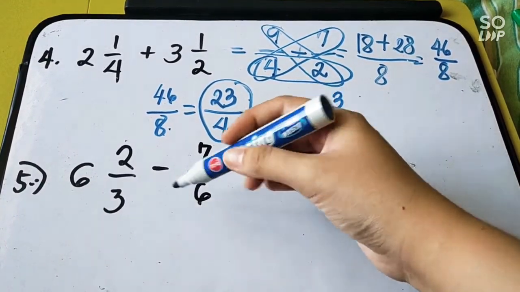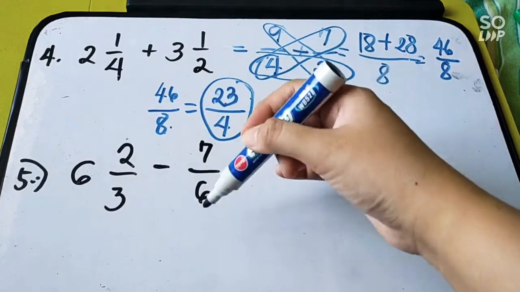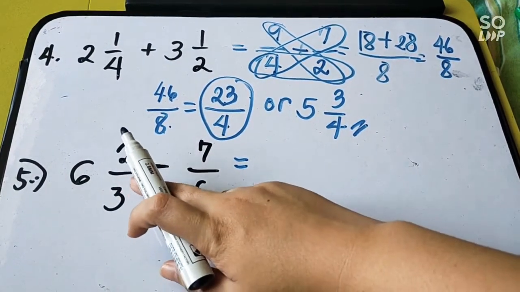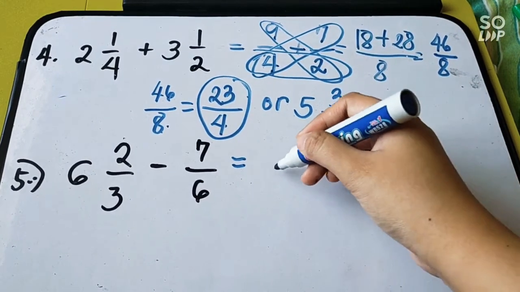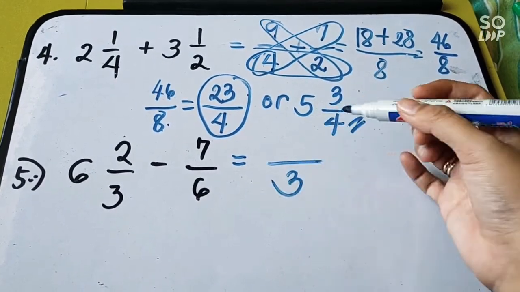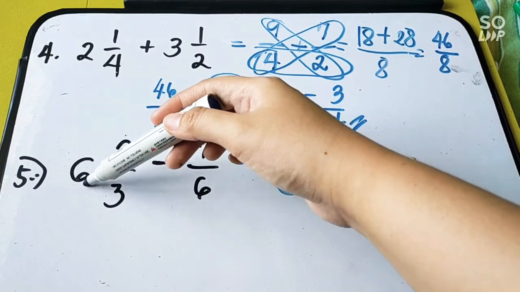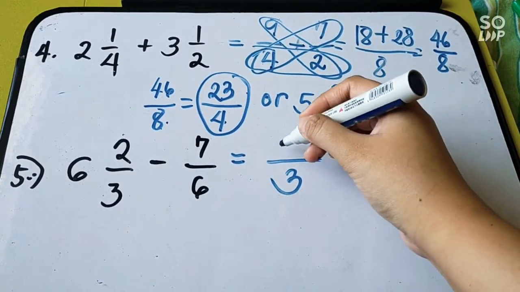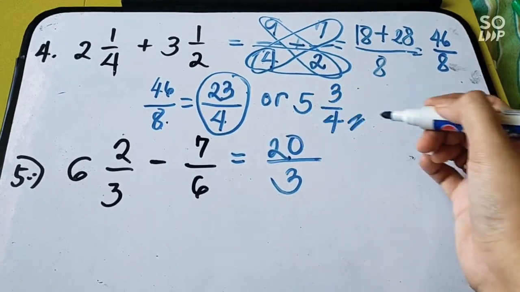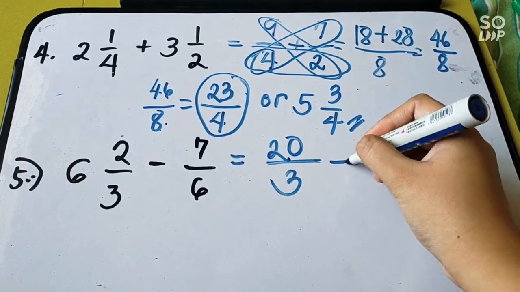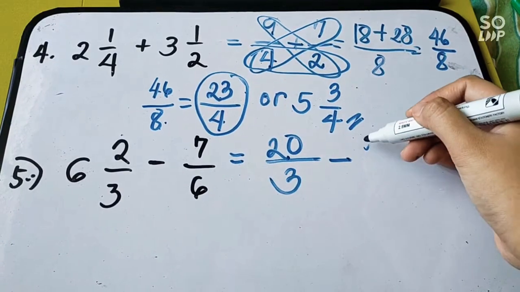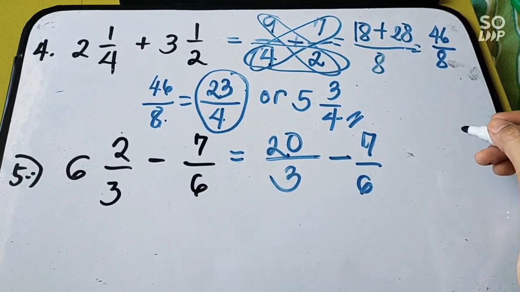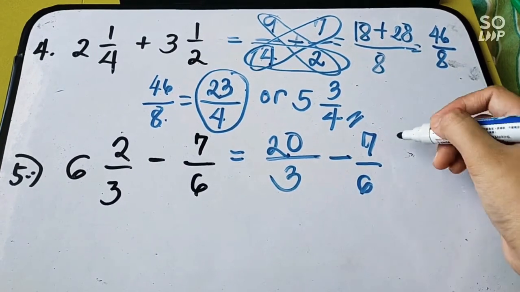So, since we have here a mixed number and an improper fraction na, ito na lang mixed number yung i-change natin. Copy over 3. Then, 6 times 3, the answer is 18 plus 2. 18 plus 2, the answer is 20. So, that is the improper. Minus. Just copy 7 over 6. And then, we are going to proceed with the butterfly method.